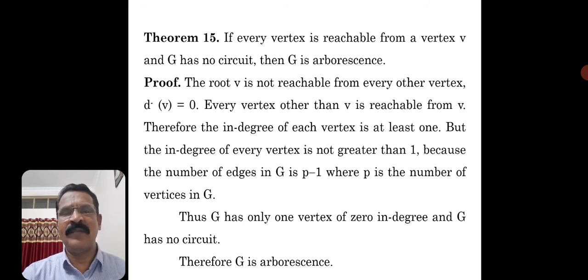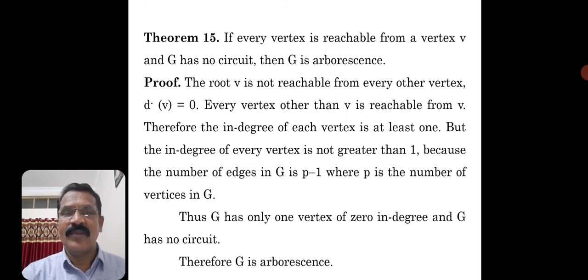Definitely, when it is reachable, the in degree of the vertex must be at least 1. But the in degree of every vertex is not greater than 1, because the number of edges in G is P minus 1, so the in degree of every vertex won't cross 1, where P is the number of vertices in the diagram G.